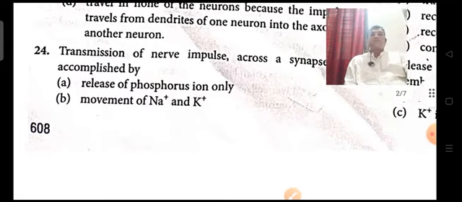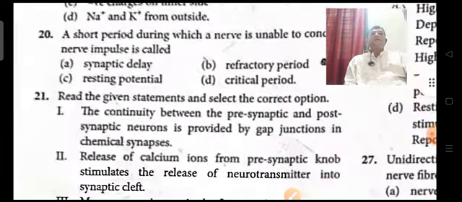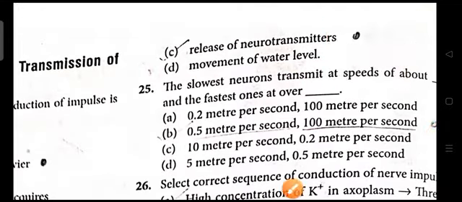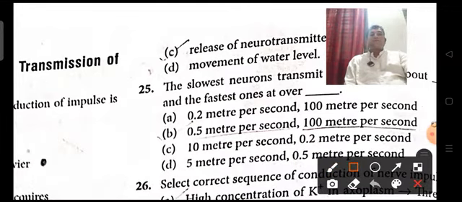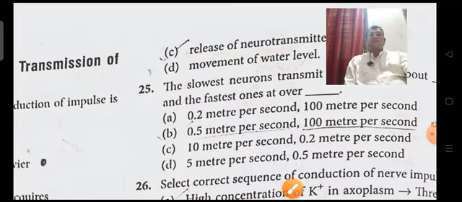Transmission of nerve impulse across a synapse is generally based on the release of neurotransmitters, that is option C. So based on the release of neurotransmitters, the movement takes place.